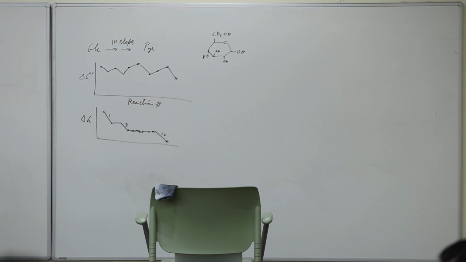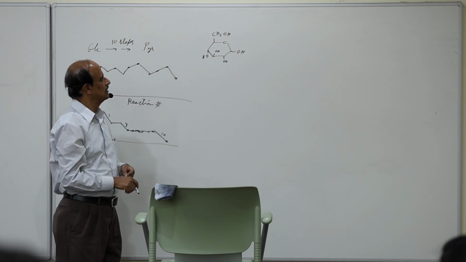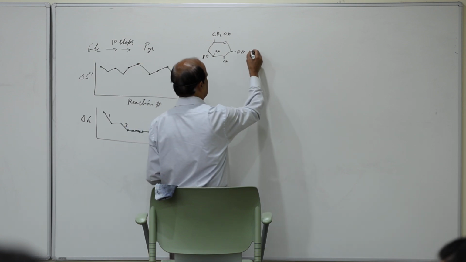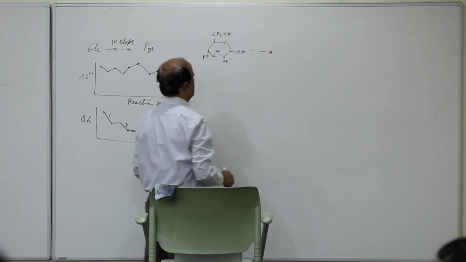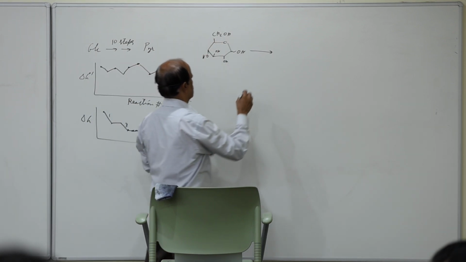So glucose will enter the cell from the blood, comes from the diet, or from stored glucose as glycogen. And once it enters the cell, it will add a phosphate to the carbon 6.